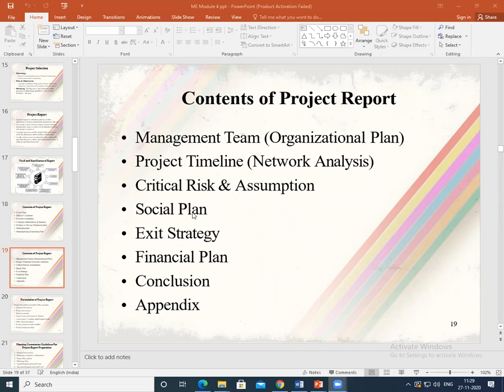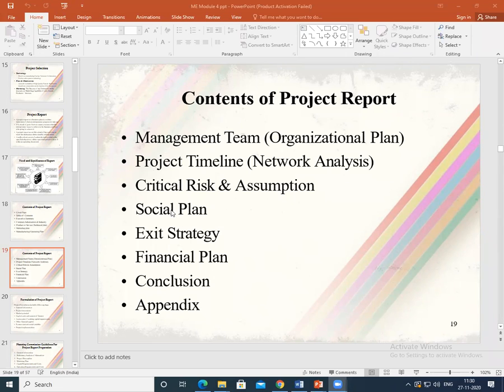Some other factors that consist of a project report may be a social plan. The social plan is all about, if you are opening a big firm where a lot of waste comes out, what the strategy should be to treat that wastage.